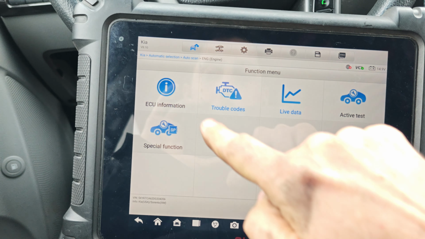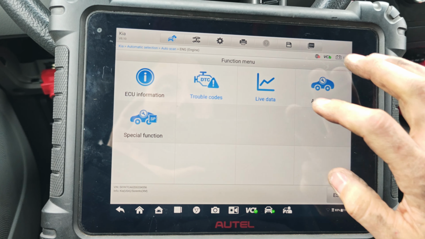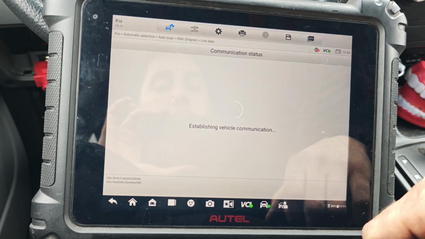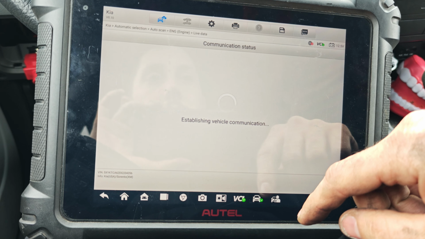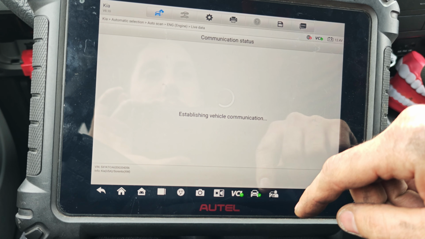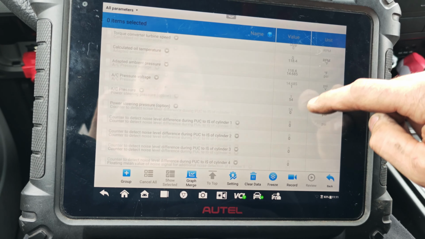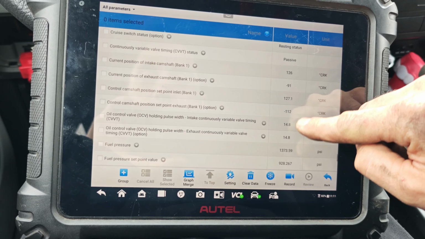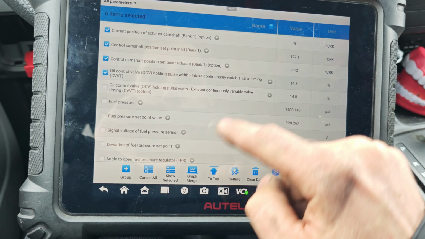We might have to clear the code. Let's go back. Let's go to control codes. There we go. Let's go to live data. You know what else I wanted to see? I wanted to see if it's commanding it to move, if it shows us. Here we go. Okay, there we go.